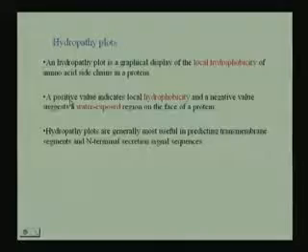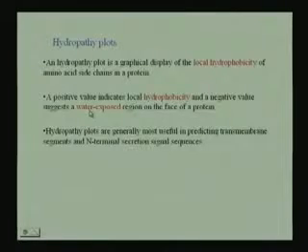If you have a positive value, then you have hydrophobic residues. If you have a negative value, you have a water exposed region or a hydrophilic region. These hydropathy plots are actually most useful in predicting transmembrane segments, but for now we will see how we can find a hydrophobic region.